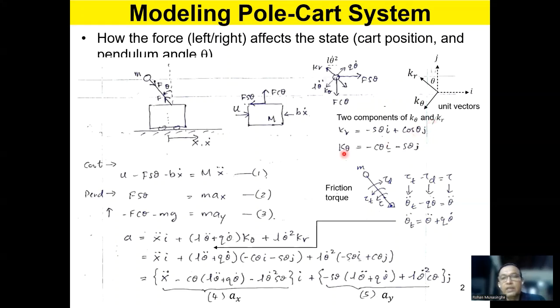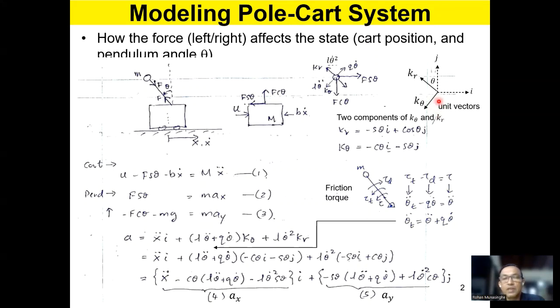And then k theta, this direction, if you resolve this into the horizontal direction, it is negative cos theta i, right? Then the vertical component is negative sine theta j.